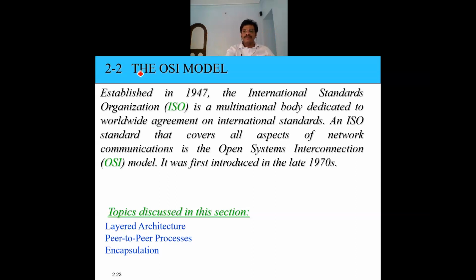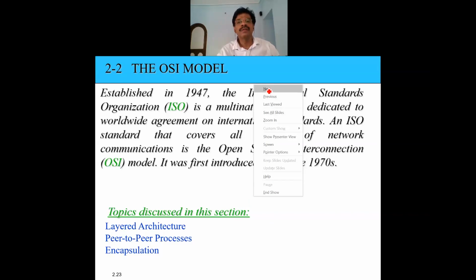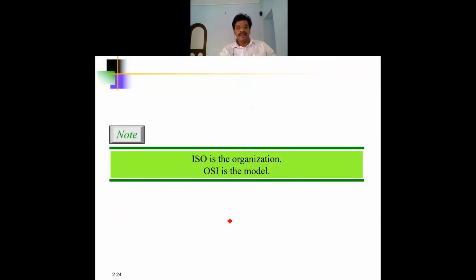And this computer communication system gave rise to our OSI model, suggested by the ISO, International Standards Organization, and open system interconnection is the model.